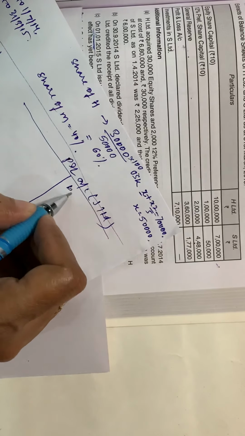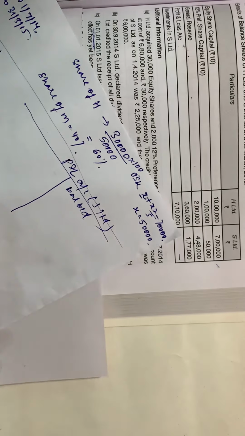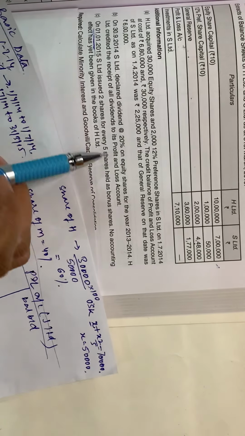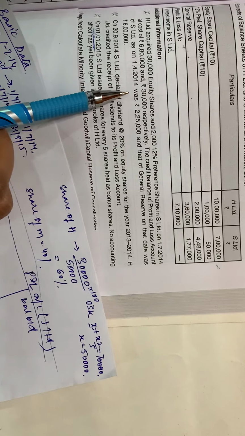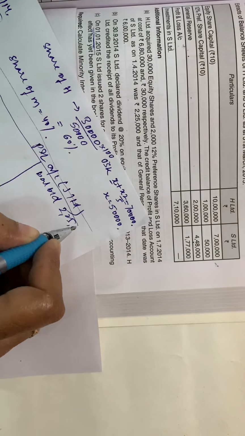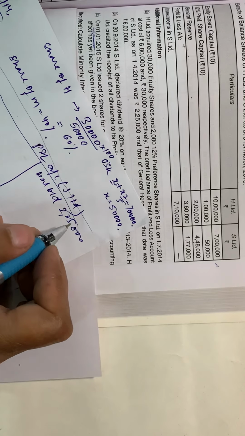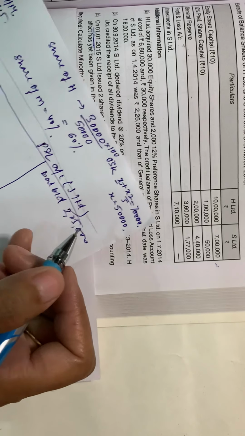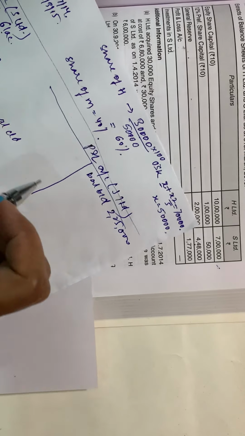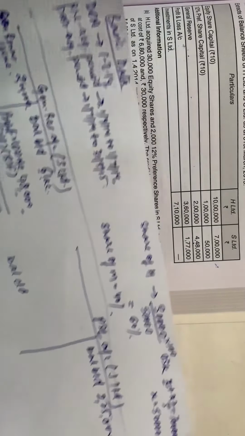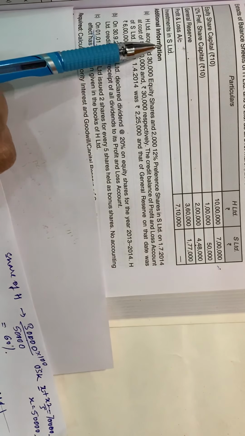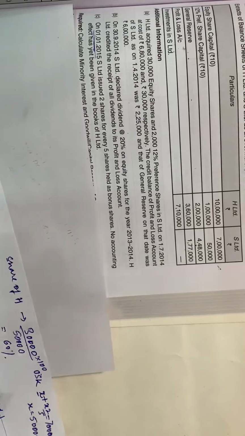The P&L balance over here given to you on 1/4/14 is 2,25,000. And from the extract of the balance sheet, you can see that the closing balance is 1,77,000.